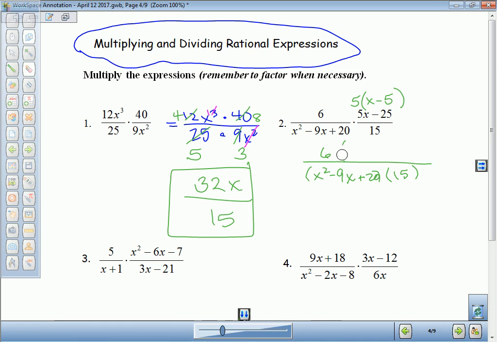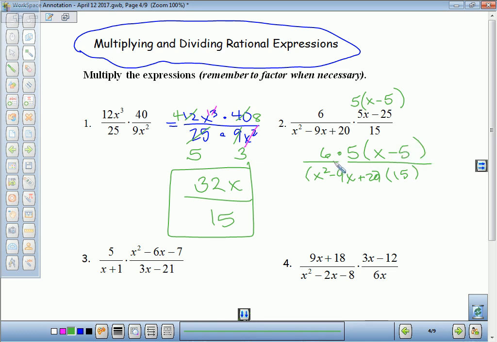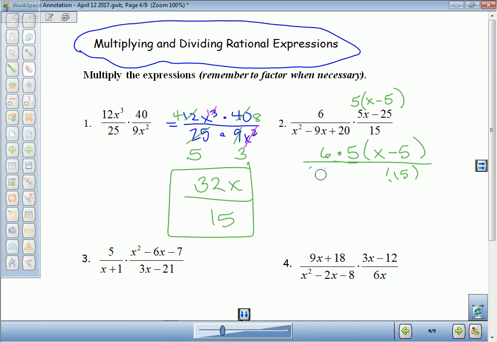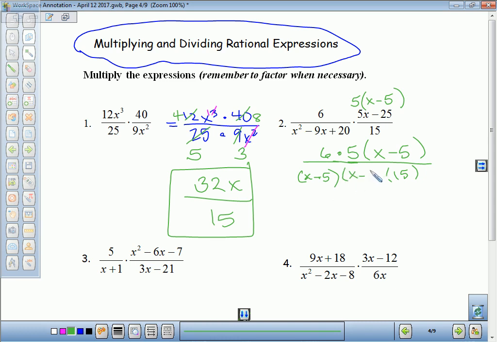So instead of writing it like this, I could write it as 5 times x minus 5. All I did was factor out the GCF. Now this trinomial, what can you multiply to get positive 20 that you can add to get negative 9? Negative 5 and negative 4. You are correct. So this is going to factor to x minus 5 times x minus 4.